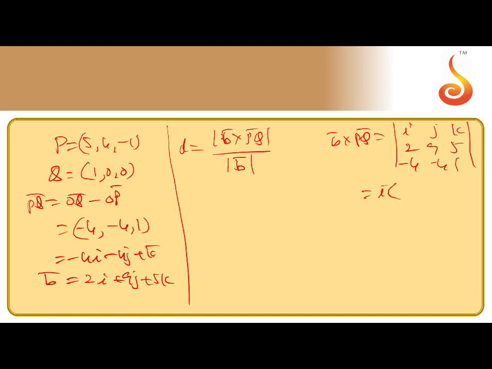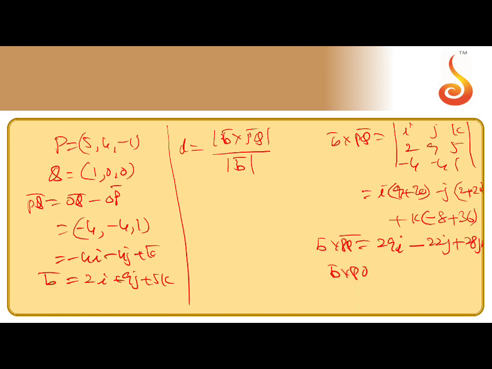So i into 9 plus 20, minus j into 2 plus 20, plus k into minus 8 plus 36. So finally 29i, 22j plus 28k. So this is B bar cross PQ bar.